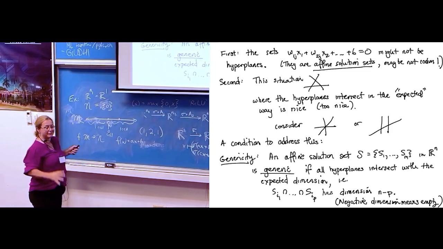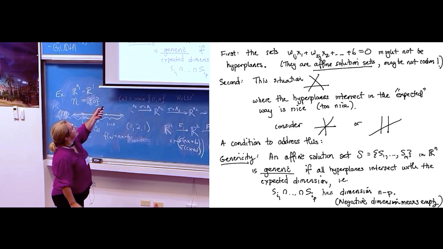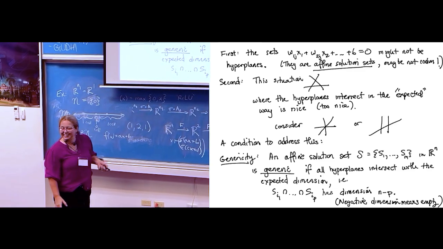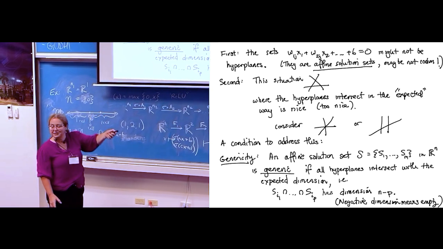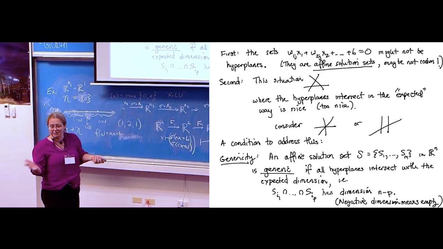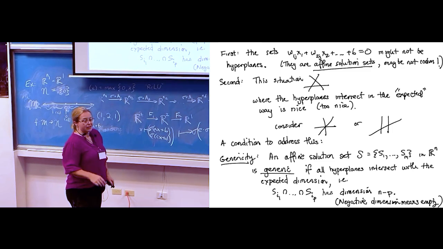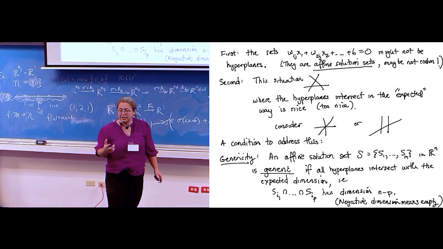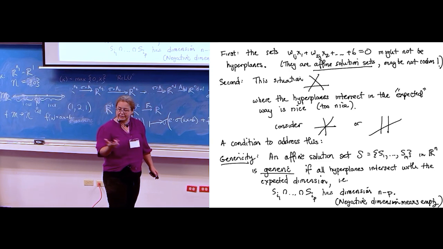It will give you something of the wrong dimension. Or maybe the W's are all zeros, B is not 0, and then you have a number equals 1, which is empty. So there's nothing. Okay, so when I said hyperplanes, what I really should have said was affine solution set.